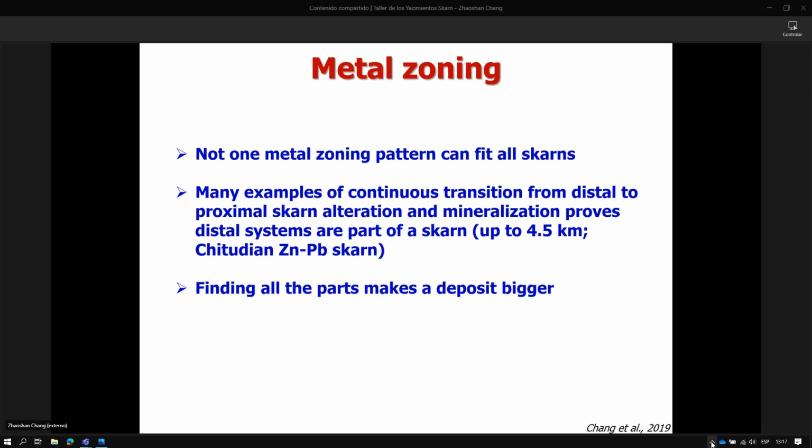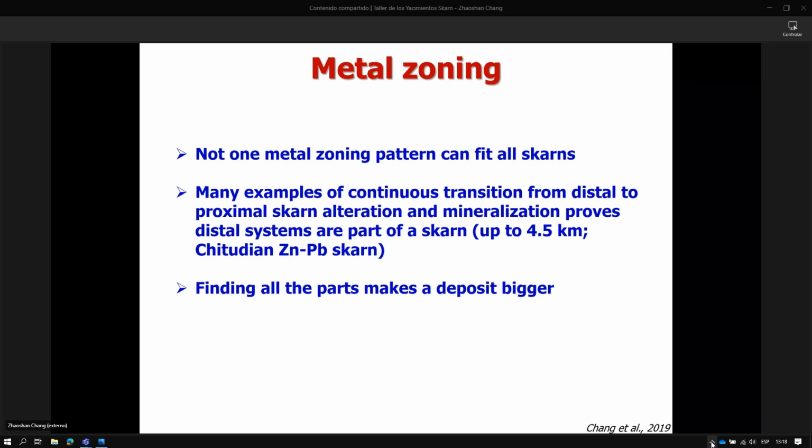By now there are many more examples. The systems have been fully drilled out, like the 2.5 kilometer drill hole control. It's not speculation; it's real examples. So now we have many more examples of continuous transition from distal to proximal skarn.